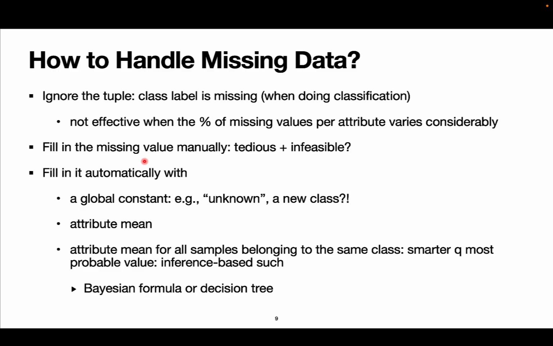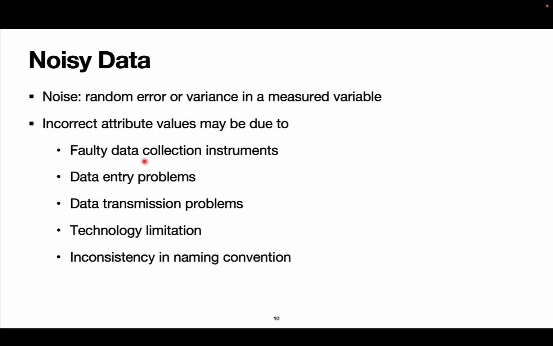But manually filling missing values is definitely infeasible, and many automatic ways can be implemented, like using a statistical measure such as the mean to smooth those values, or even more advanced methods like using a decision tree that is going to look at the values of the other attributes and then make a decision which value to go with.